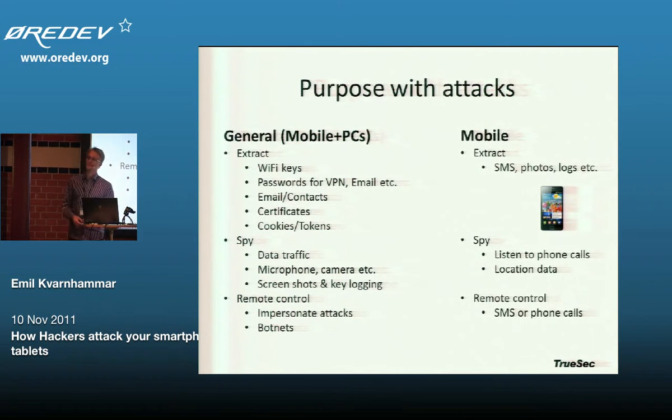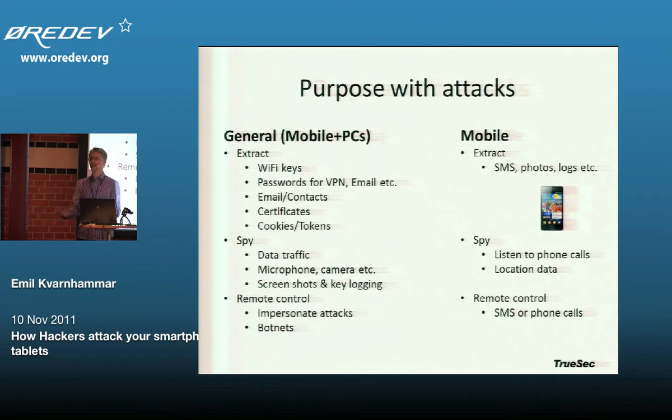Specifically for the mobile platform, we have some other interesting purposes, like getting hold of SMS, photos taken with a camera, and spying and listening to phone calls, for instance, but also location data. We have already seen examples where both the platform and some different applications that many users are using actually leak location data and cache location data in the device.